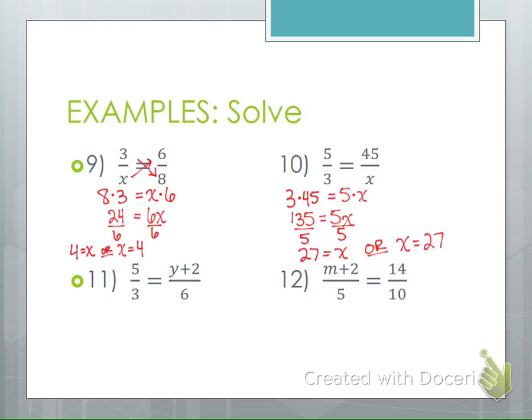All right, 11 and 12 are a little bit trickier. What is one of my products on 11? Okay, so I'm going to say it is 3 times y plus 2, just because I think that's going to help us on the next step. This time I used parentheses instead of a dot for multiplication.